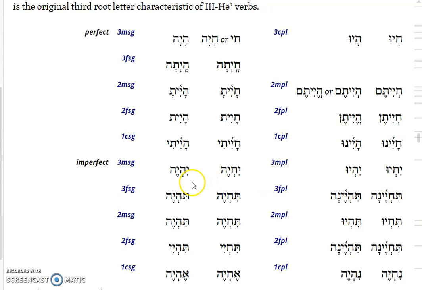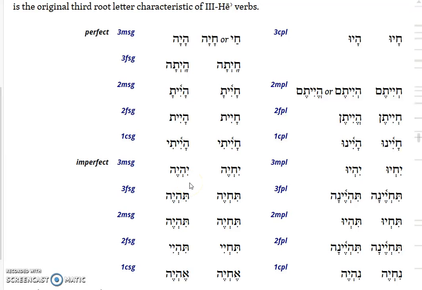As we move on down to the imperfect, the third masculine singular of "he will be" is yihiye. Now, this is related to the word Yahweh, the divine name, although it would have a vav. In Aramaic, the verb to be is hawa with a vav rather than haya.